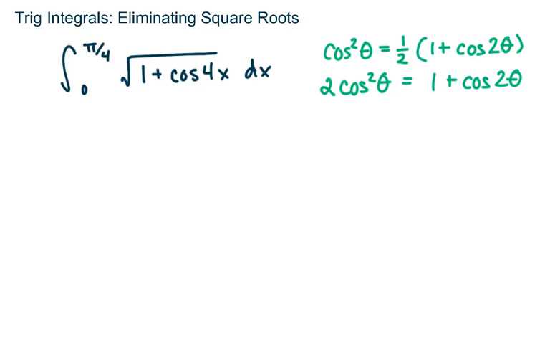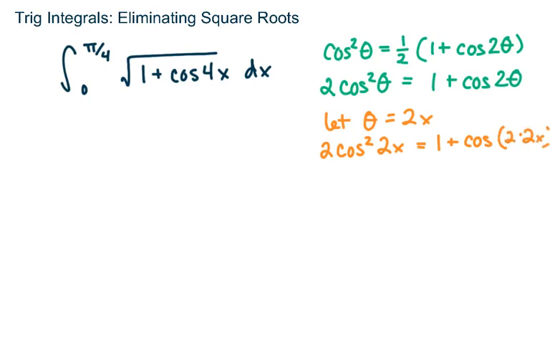Since I know that, and I have that identity, I'm going to think about doing this, and I'm going to let theta equal 2x. So that would give me 2 cosine squared of 2x equals 1 plus cosine of 2 times 2x. Or rather, 2 cosine squared 2x is 1 plus the cosine of 4x.